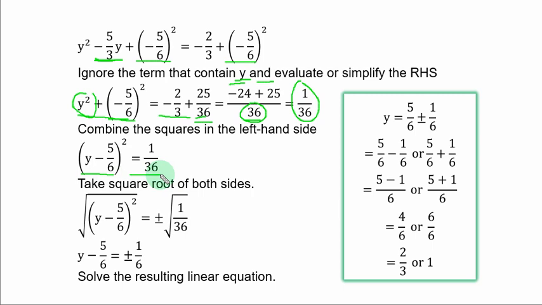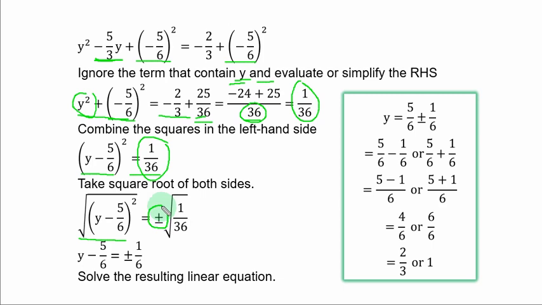Next step is to take the square root of both sides. So you have the square root of the left hand side. In a quadratic equation, you always have 2 roots. For us to achieve that, anytime you are taking the square root of the left hand or the right hand side, you always attach plus minus.